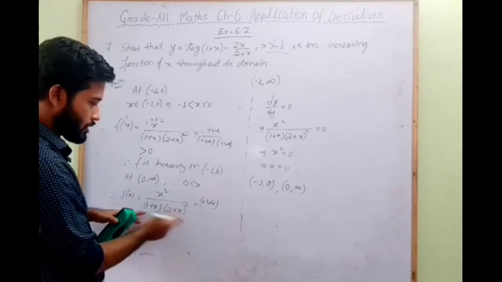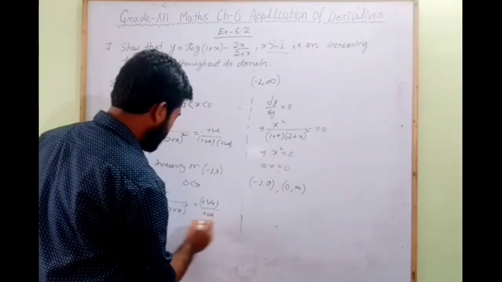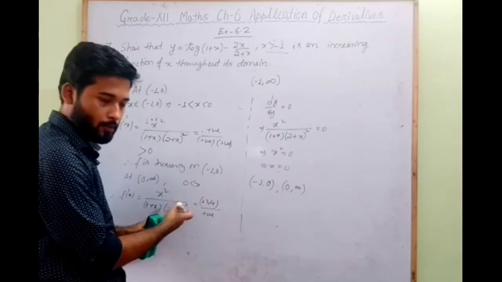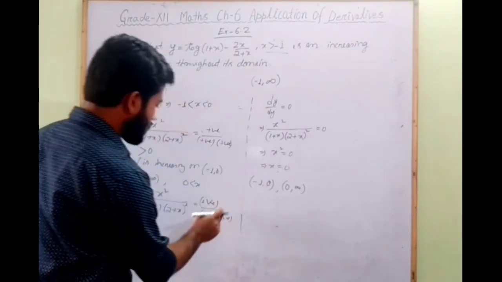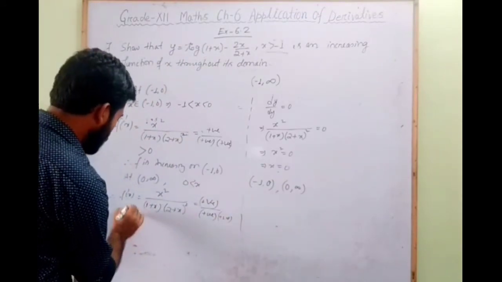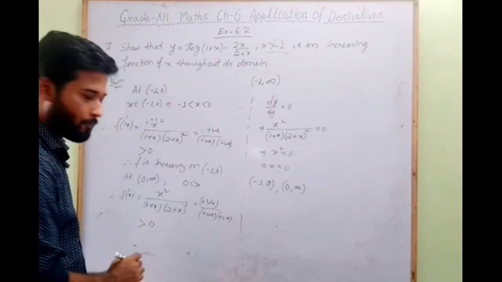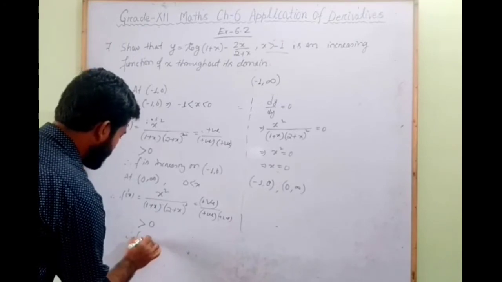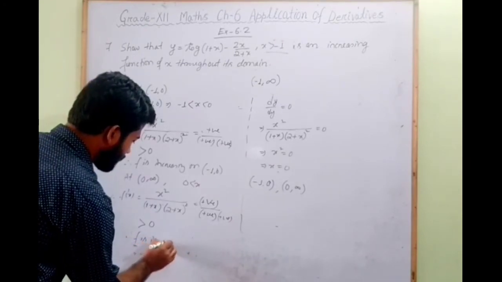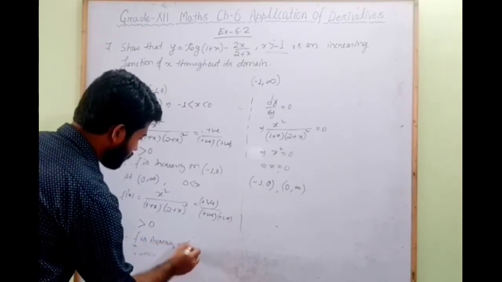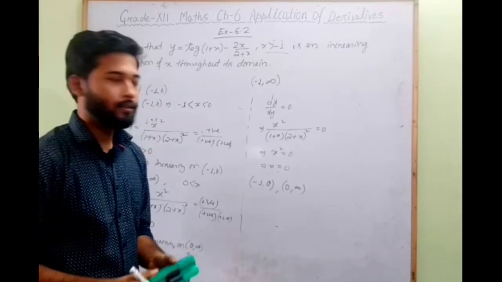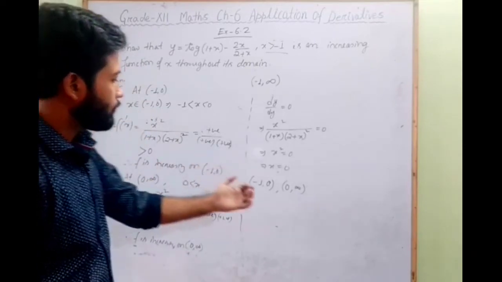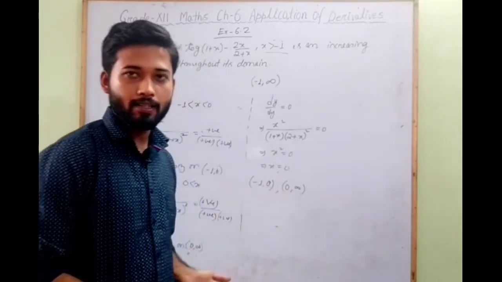Now 1 plus a positive thing will be again a positive thing. Again 2 plus a positive thing will be positive. Square it, positive. So everything will be positive here, so f dash x will be greater than 0. Therefore f is again increasing on 0 comma infinity. Fine. So thus we have shown that for both of these intervals f is increasing.